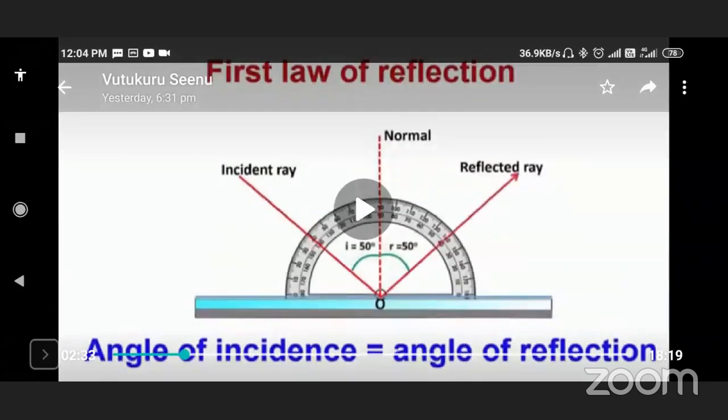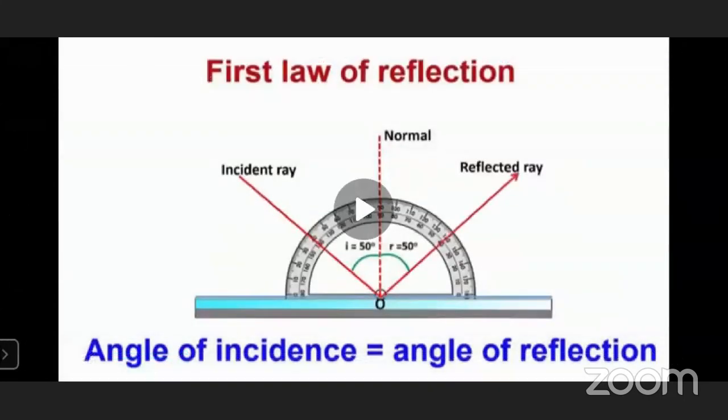You know that, children? The first law of reflection on plane surfaces. The light ray, when incident on a plane surface at a particular point, bounces back into the medium in the same plane as a reflected ray. And if you imagine a normal perpendicular at that point of incidence, all these three lie in the same plane.